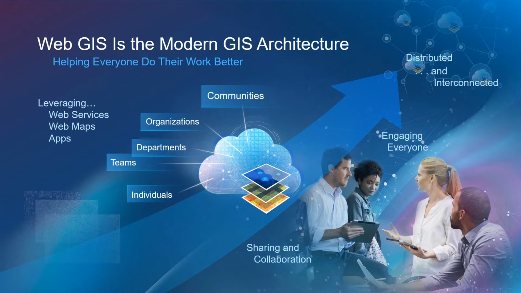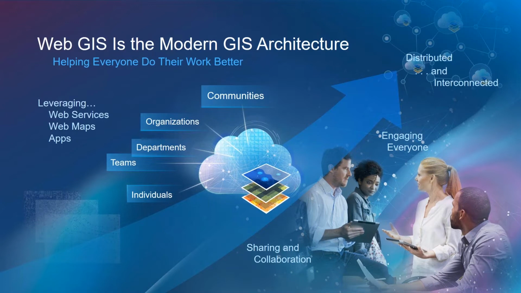Web maps is this ability to orchestrate web services. A web service, a layer of data, can be used in a series of different web maps. And then web maps can be shared across multiple apps, whether they're mobile apps for field data collection or bringing those data together for dashboards and for situational awareness viewing.